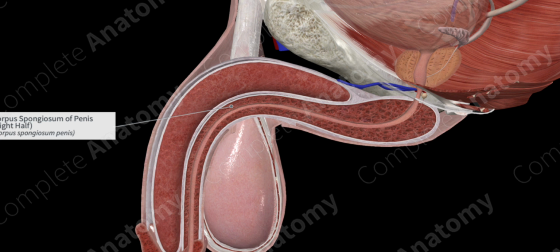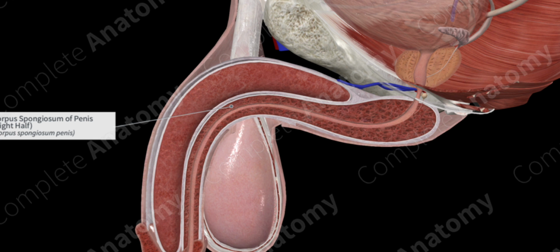So in the anterior urethra, the narrowing is called a stricture because of this corpus spongiosum, when it becomes fibrosed or when there is urethral injury. So this was the whole anatomy and the various parts of the penis.